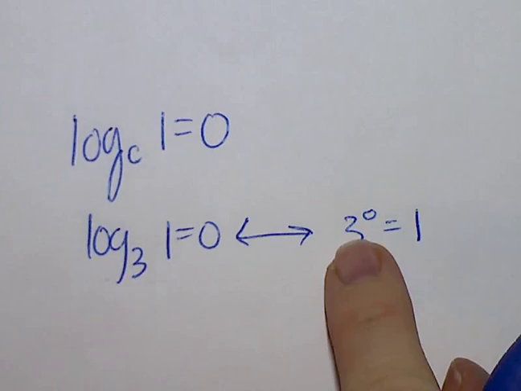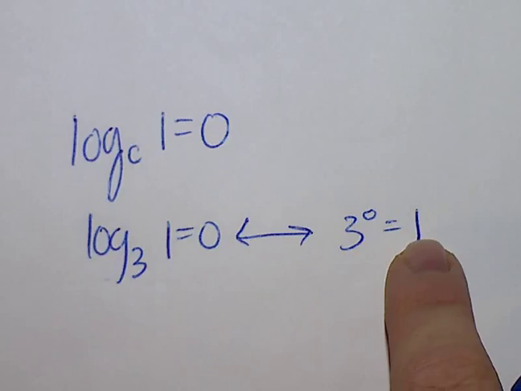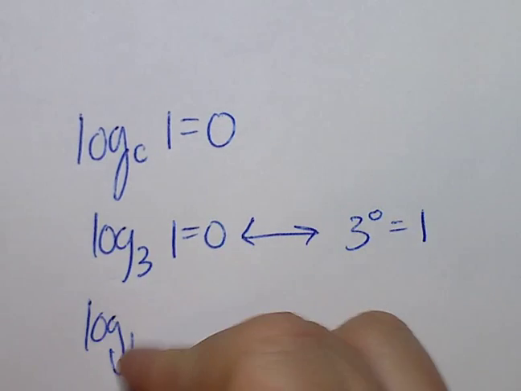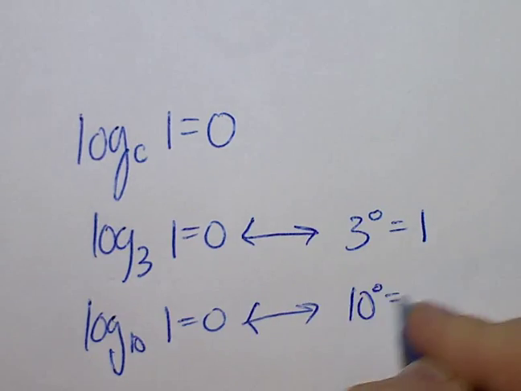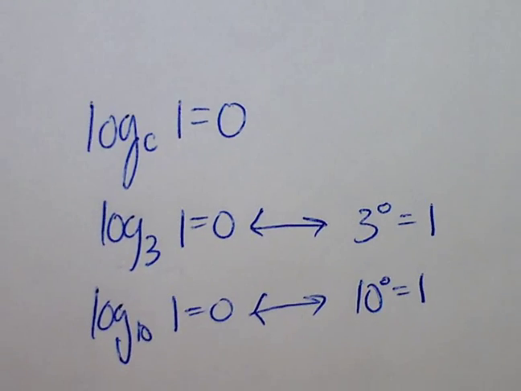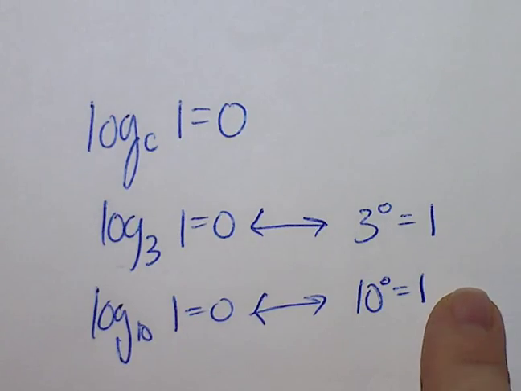In fact, any positive number raised to the 0 power is always 1. Log base 10 of 1 is 0. True, because 10 raised to the 0 power is 1. Sometimes there's a misconception that if you raise something to the 0 power, you get 0. Not true. If you raise a number to the 0 power, you end up with 1. That is your second one.